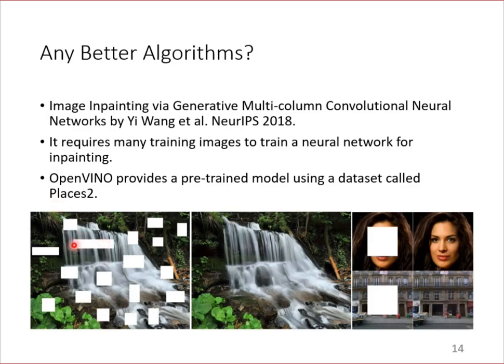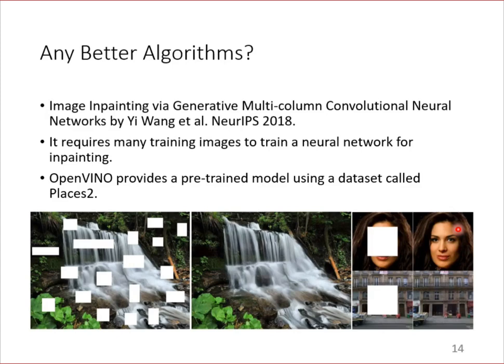For the white blocks, all of the image is missing. And this is the image restored by their algorithm. It looks quite nice, and even for faces, it works. If we crop out a very large region from the given image, this is the reconstructed result. This looks quite realistic.